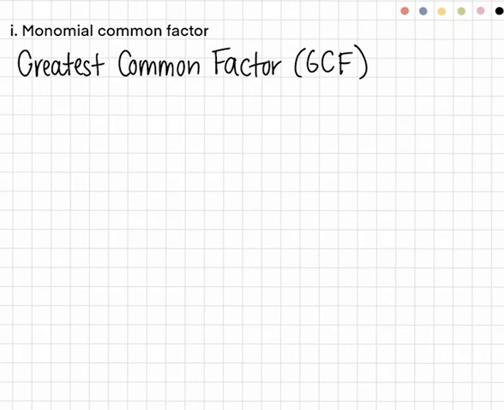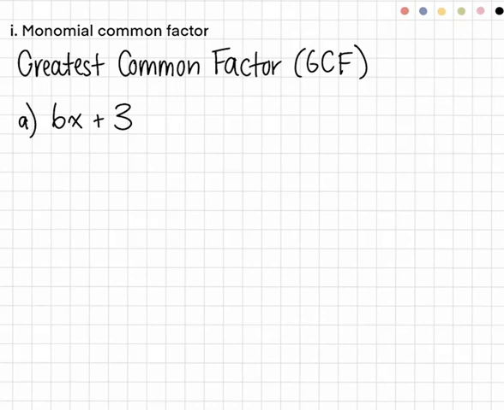So let's just jump into an example, because once you see it happening, it'll be a little bit easier. So let's say I have 6x plus 3. The question here is to factor fully. So how do we factor this?